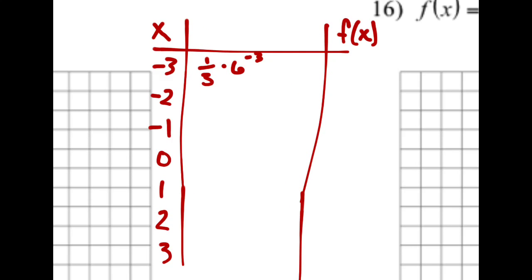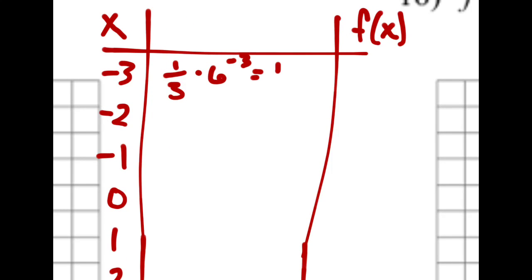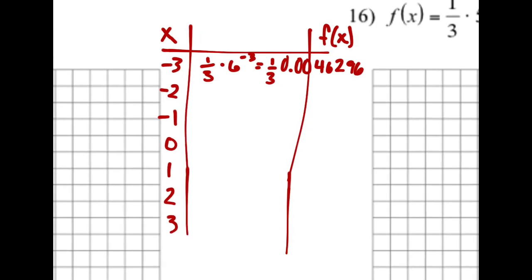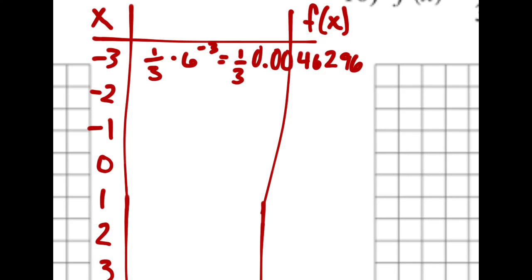I would put in the 6 and then the x to the y button, then I'll type in 3 and make it negative with the plus minus button, and then hit equals, and I'll get 1/3 times this big decimal, 0.0046296, and that's way too much.